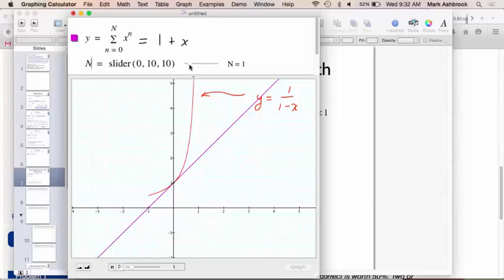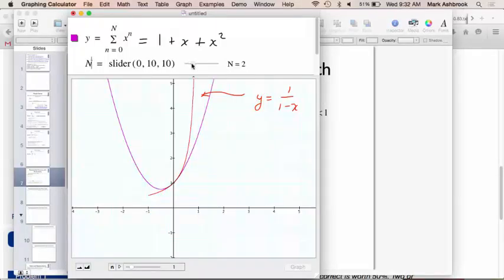So now I'm going to make capital N equal 2, and the sum will be what? 1 plus x plus x squared. When I make capital N equal to 2, I get the first 3 terms. Remember that the red graph is the true 1 over 1 minus x, and now the purple one is 1 plus x plus x squared. And so what's happening?